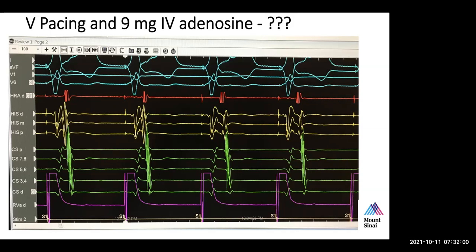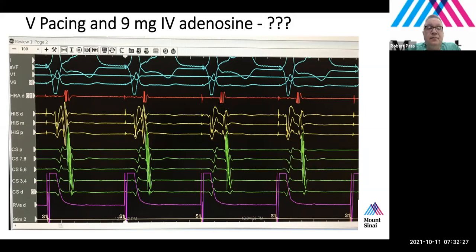So let me just look through it very carefully. The earliest A that I see here... So like in the previous strip we had seen that the earliest A was in the His catheter.